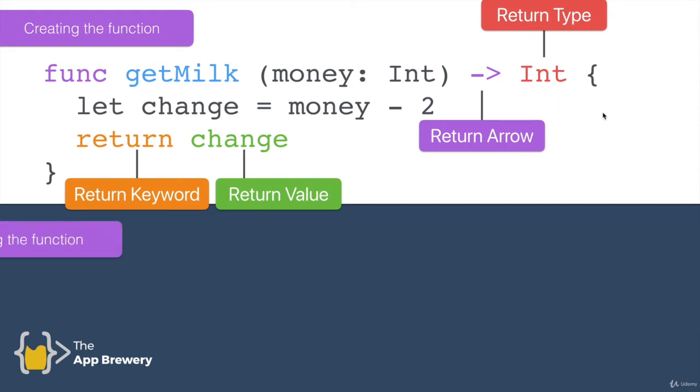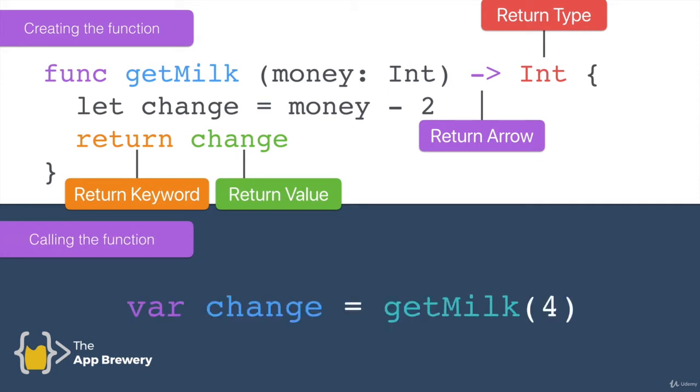So when we call the function, this is what our code might look like. Unlike previously, where we just had the function call and expected it to execute, in this case we actually have an output, and this function call right here will actually be replaced by the output.